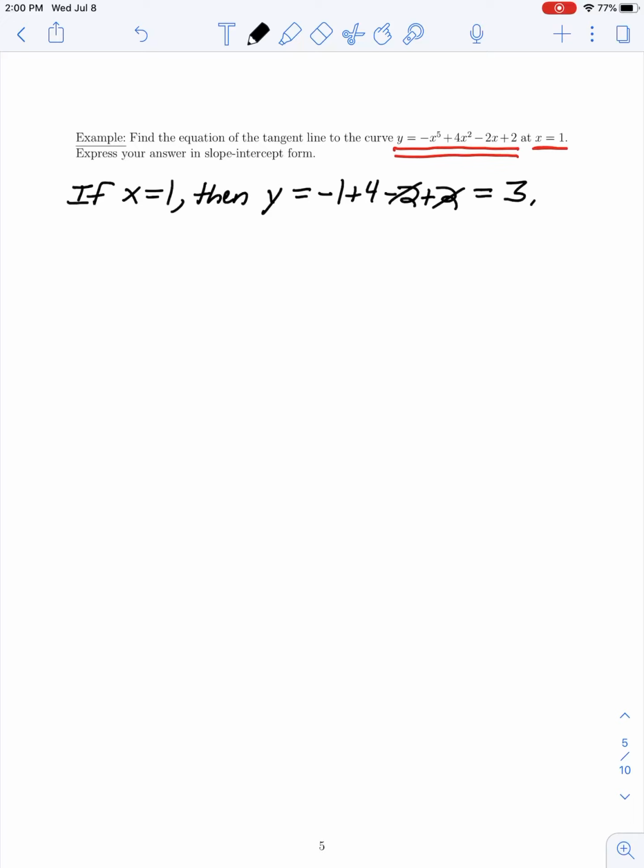Now the slope of the tangent line to a curve is the derivative. So here we can find y prime by using the rules which we've discussed so far in this section.